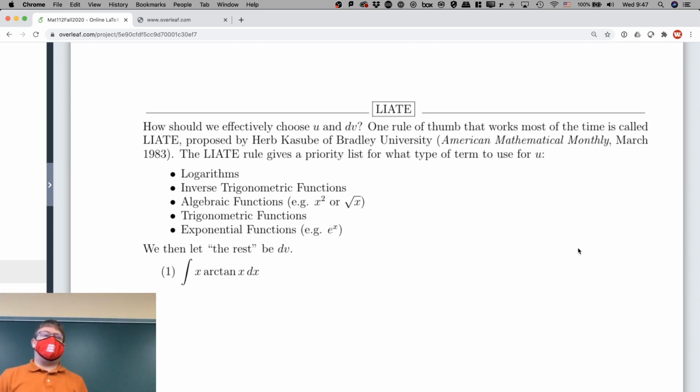Okay, so a rule of thumb that works 99 times out of 100 for how to choose u is this rule. Oh, I'm sorry, you guys on the screen can't see this. Well, blast. Let me just write it out on the iPad so that everybody can see it. Sorry, guys.